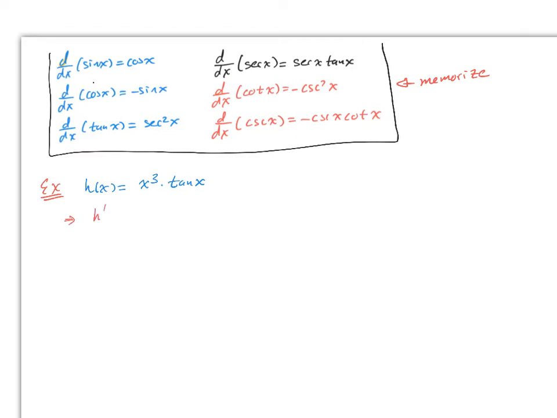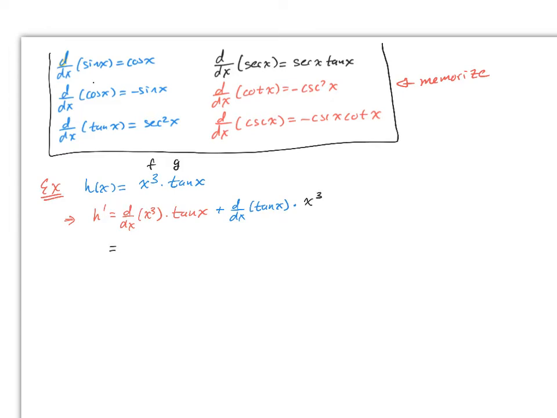Therefore h prime is going to be equal to the derivative of the first one, remember, times the second one, because this is a product where this is f and this is g, plus the derivative of the second one times the first one, which is this.